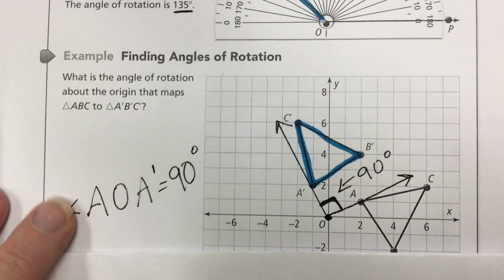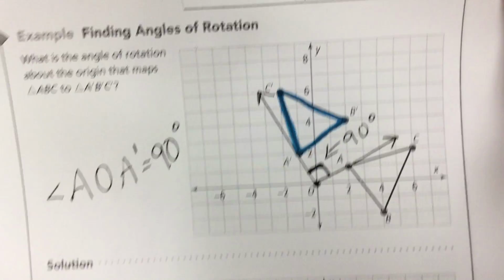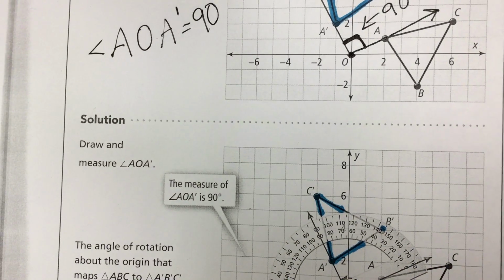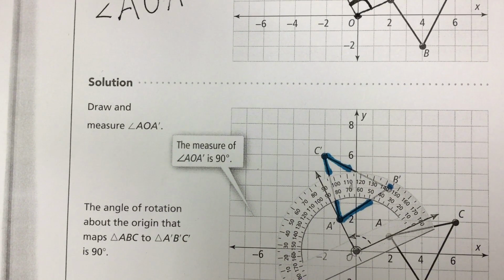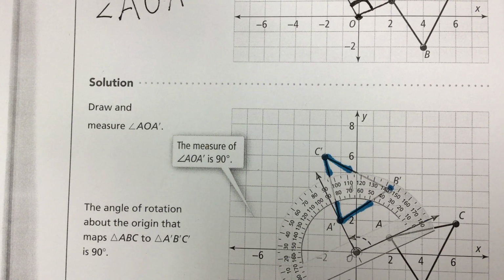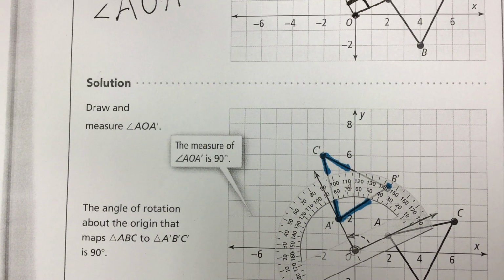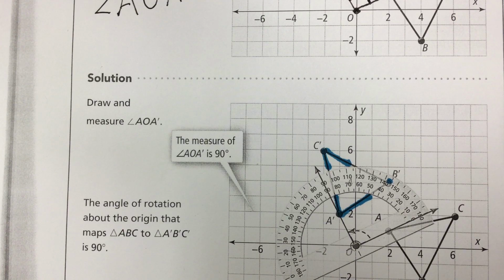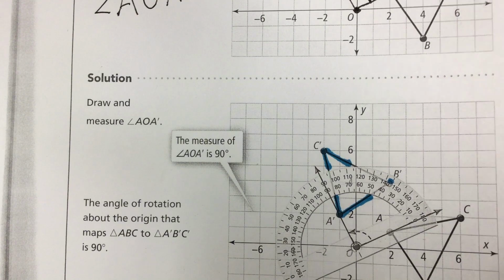I'm going to go ahead and show you down here where it was actually done as well. Drawing the protractor here, we had to draw the angle AOA prime, and we did. So the angle of rotation about the origin that maps triangle ABC to triangle A prime, B prime, C prime is 90 degrees. So the answer to this problem is 90 degrees.